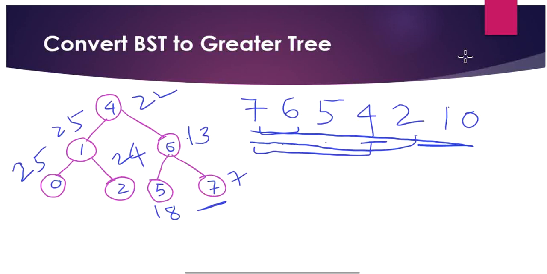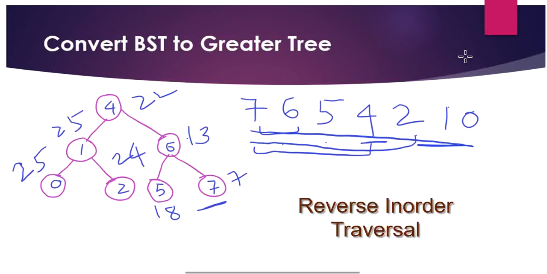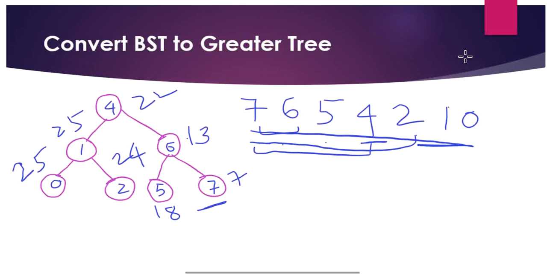So considering that, if you do a reverse in order traversal, that is visit the right node first, middle node second and left node next, it will give you the decreasing order of that binary search tree. From that we can easily calculate the sum from that number till the greatest value present in the tree.